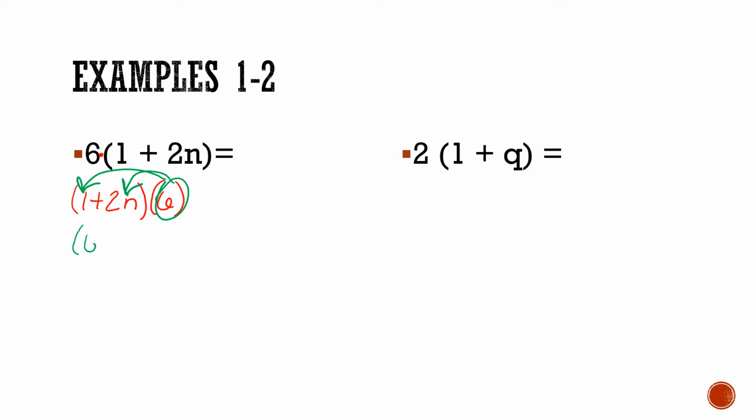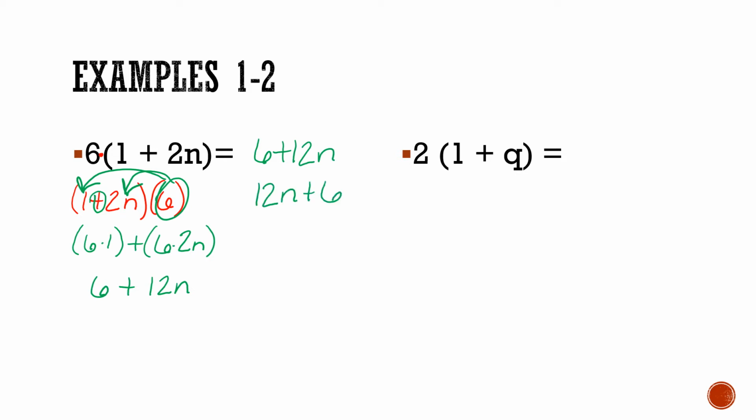So that would be 6 times 1. We take this plus sign and bring it down. And then 6 times 2n. So 6 times 1 is 6, and 6 times 2n is 12n. We cannot combine those, so 6 plus 12n is our answer. However, you need to know that you can write that also as 12n plus 6 because of the commutative property.